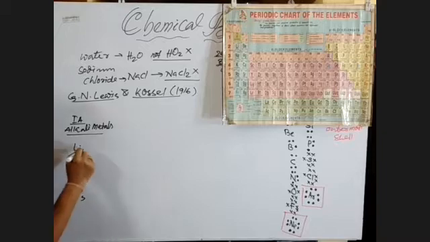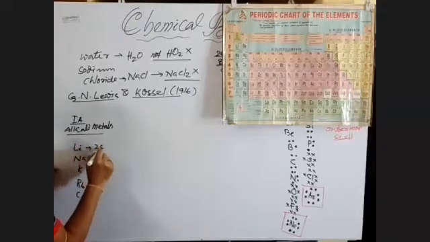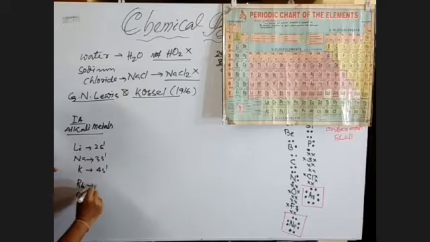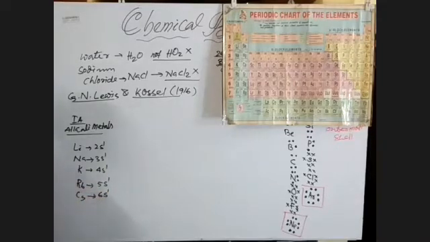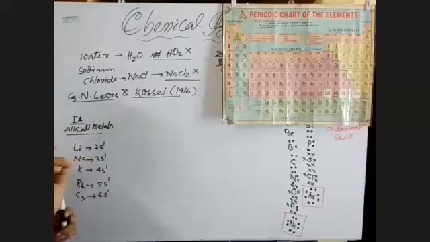And their electronic configurations, if you observe here, are 2s1, 3s1, 4s1, 5s1, 6s1. So the last electron enters the s orbital, and only one electron is there.